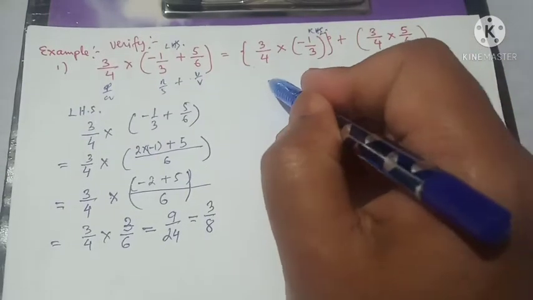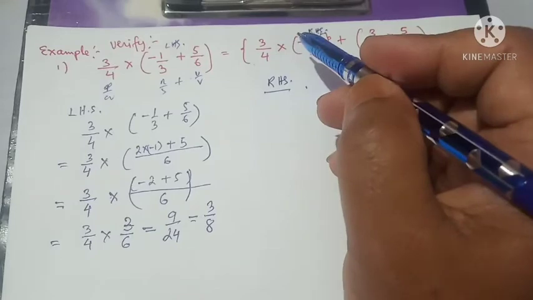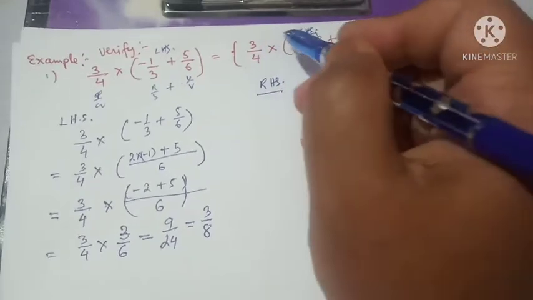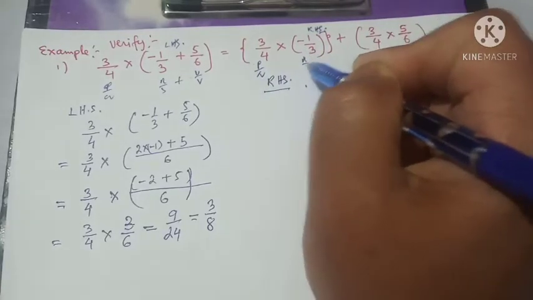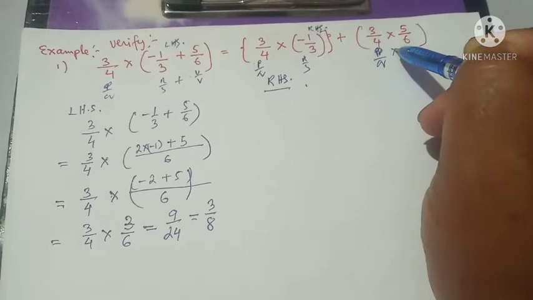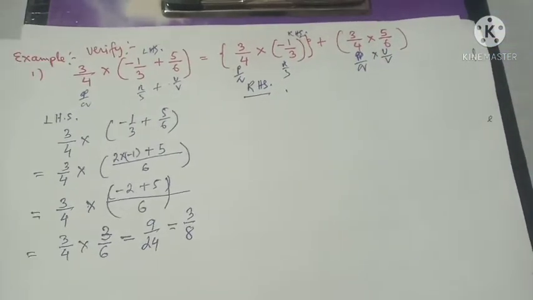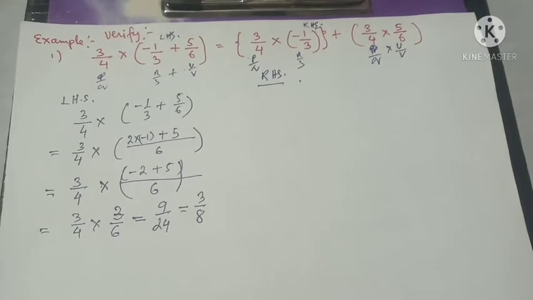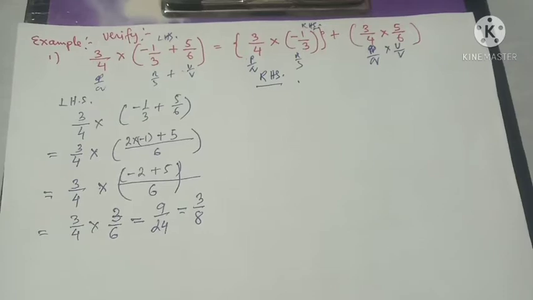And now let's see the right hand side. In the right hand side, this is p by q into r by s, and this is p by q into u by v. That is the formula we used in the distributive property. Here also we have to take the LCM.